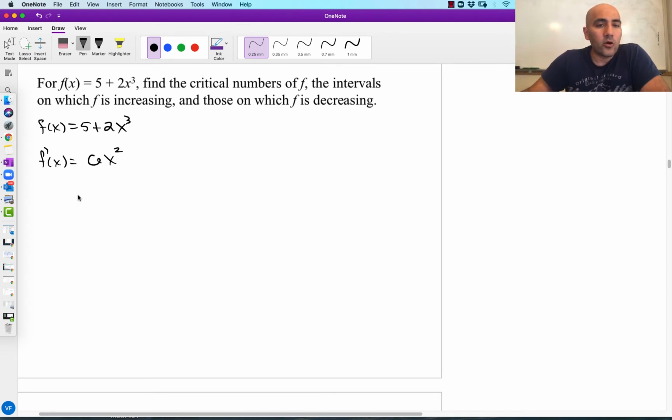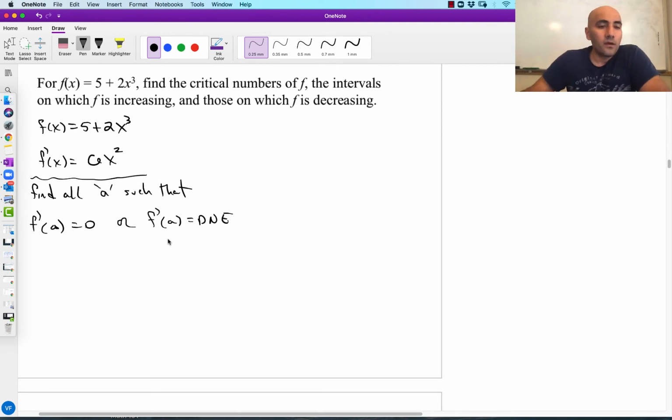Good. Now we want to find all the values where the derivative equals 0. We can keep x, that's fine, but just in case it's confusing that we keep recycling the letter x, I'm going to change it to a different letter. So let's find all a values such that f prime of a, the first derivative evaluated at a, equals 0, or f prime of a does not exist.